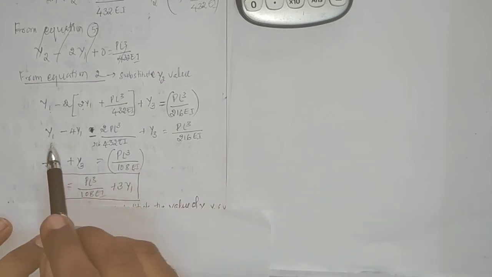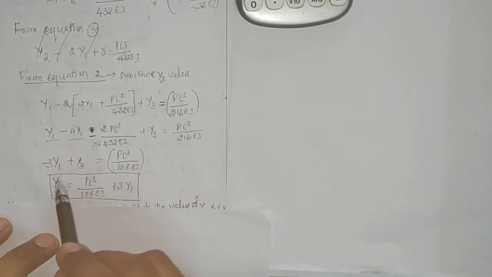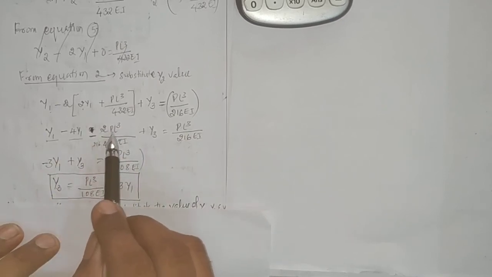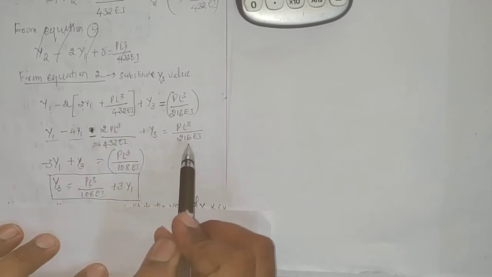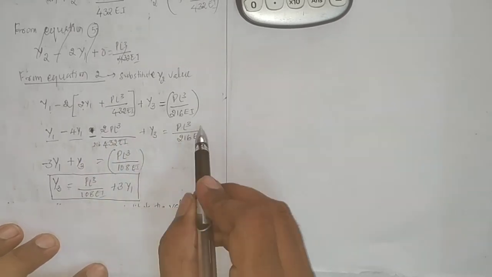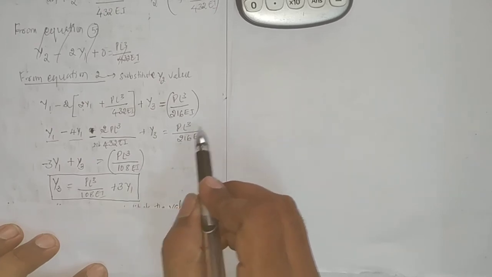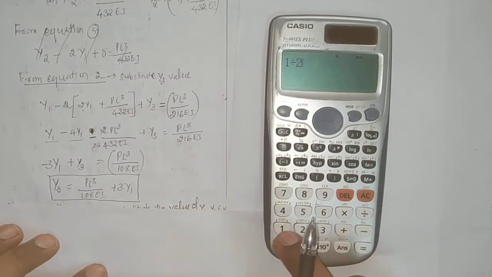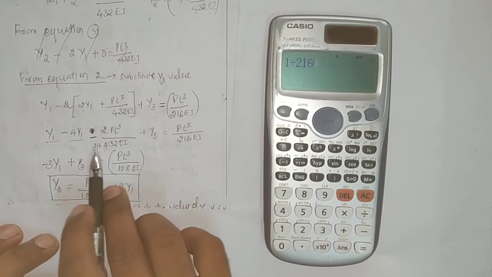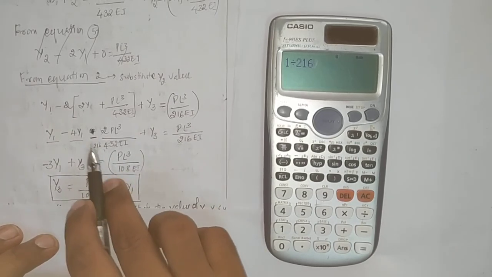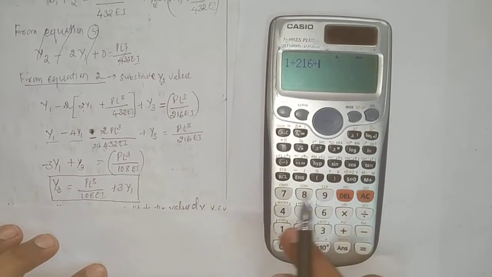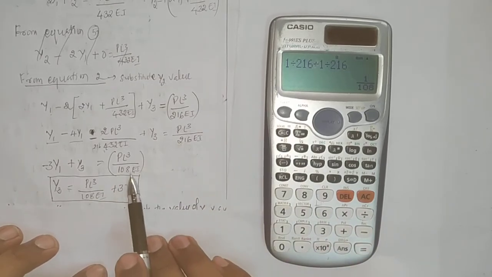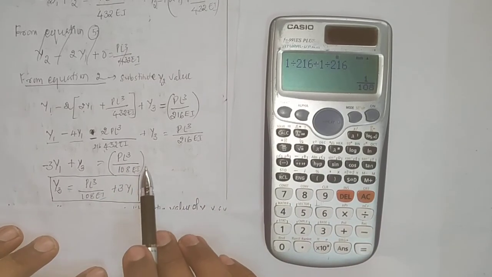Now y1 minus 4y1 becomes minus 3y1 plus y3, and PL cube by 216 goes to the other side, becoming plus PL cube by 216 plus 1 by 216, which becomes 1 by 108. Therefore PL cube by 108 EI.